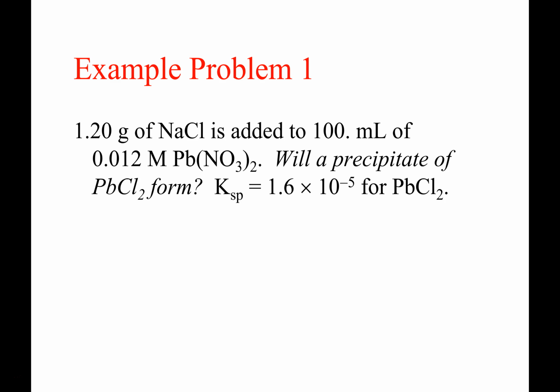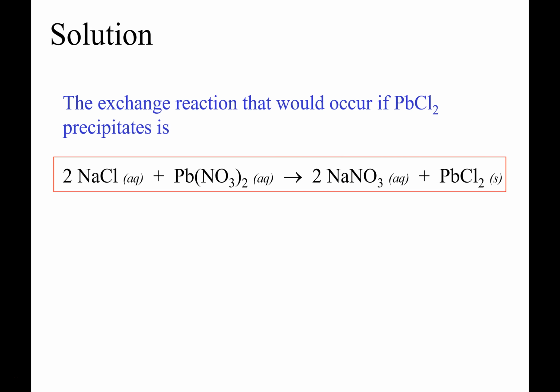And we have the solubility product constant, the KSP, for lead 2 chloride. So this is what I was saying. Sometimes on my test, I make you do this. You need to write the balanced chemical equation for the exchange reaction. So we have 2 NaCl plus Pb(NO3)2 goes to form, and to balance it, 2 NaNO3 and PbCl2.